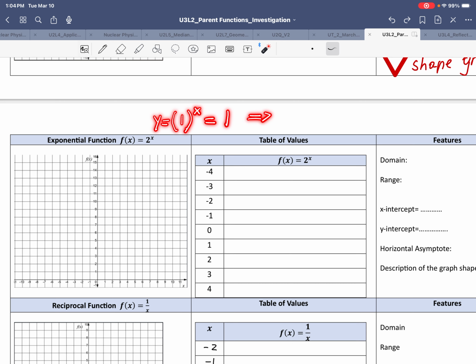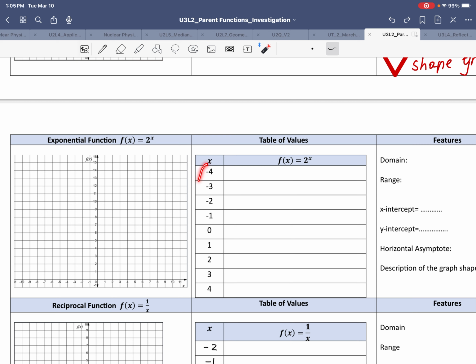So this will turn this equation into y equals 1, which is basically a linear function, or even more precisely, this is a constant function, and the graph of it will be a horizontal line. So this does not display the features of an exponential function. So the base has to be positive, and it has to be different than 1, and absolutely no 0, because only positives are allowed. Now, what we're going to do is start graphing this function.